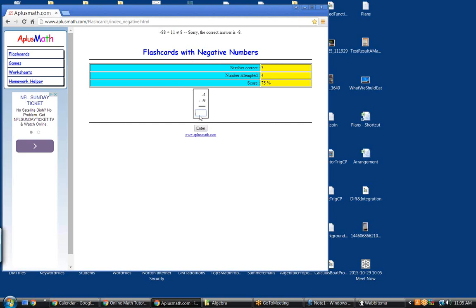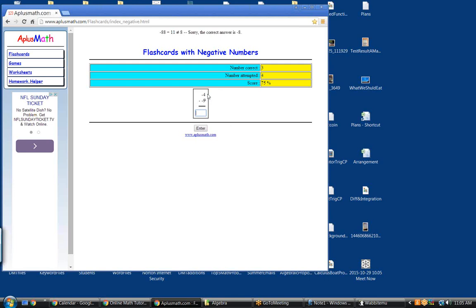So if you get it wrong, it will correct you up top. But I would suggest you spend 5 or 10 minutes every day on this. These are called flashcards, basically, and it's just a drill to get your math skills better.